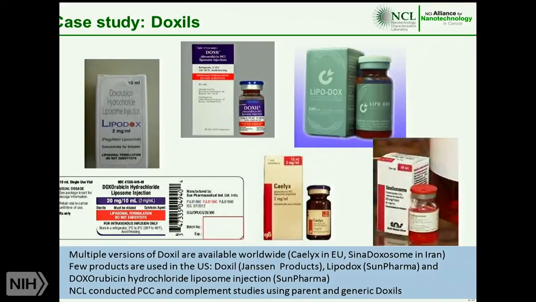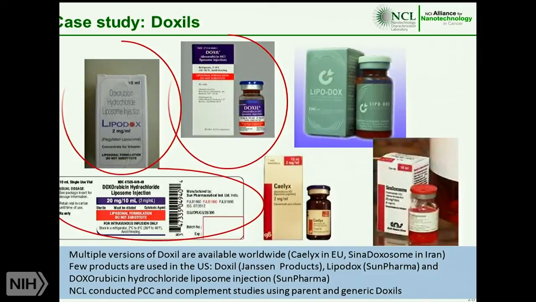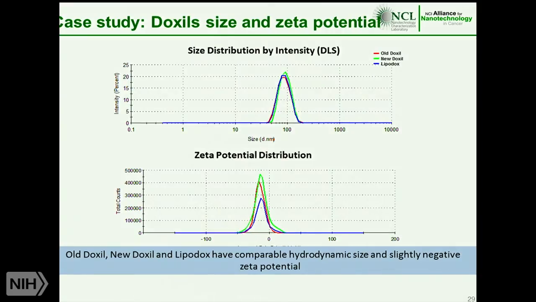That includes Doxil, Lipodox, made by the Indian company Sun Pharma, Caelyx in Europe, and Cyanodoxome in Iran. In my case study, I will talk about these three formulations because they are available in the United States.